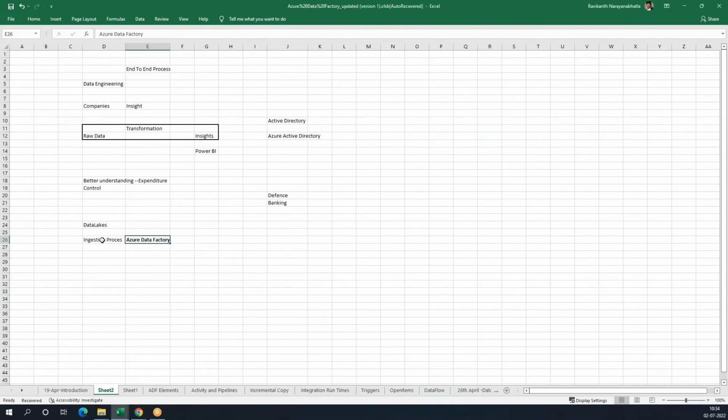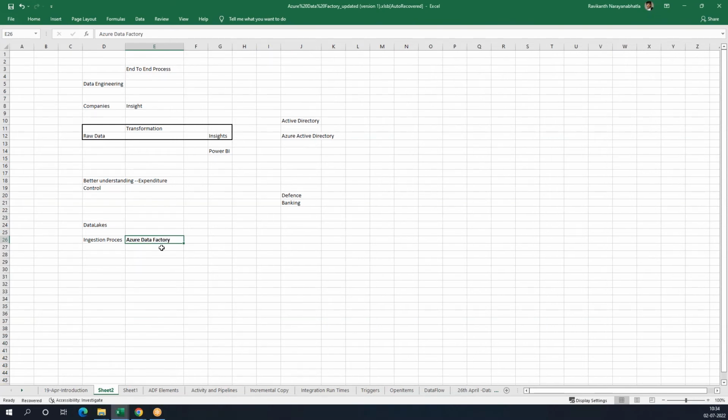So I was talking about the data ingestion. The data ingestion process that I'm talking about is done with one of the Azure services, Azure Data Factory. We make use of Azure Data Factory to move the data from source to the data lake.